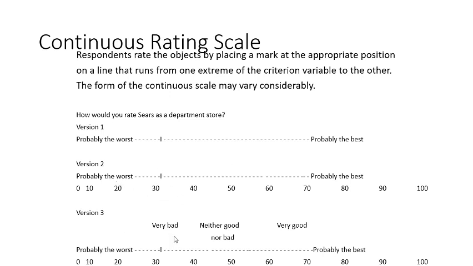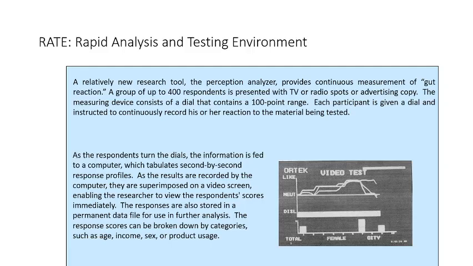Then the third version is very bad, neither bad nor good, and very good, with probably the worst and probably the best, and the same, it is a scale from 0 to 100. The worst is 0 and the best is 100, and respondents are asked to select from the given scale, and they have a lot of choice.